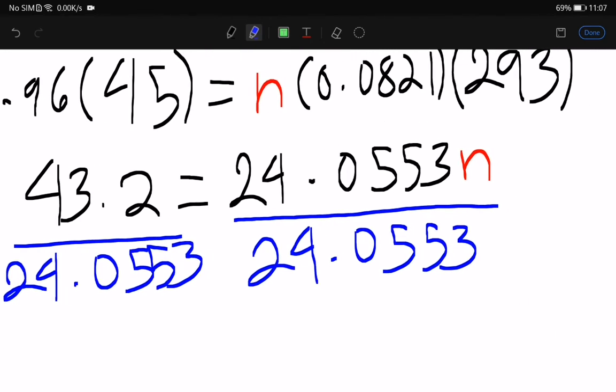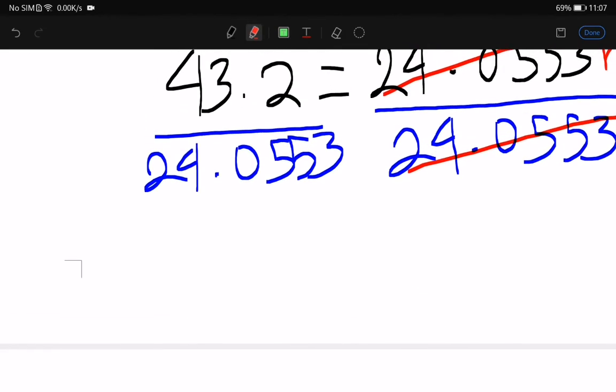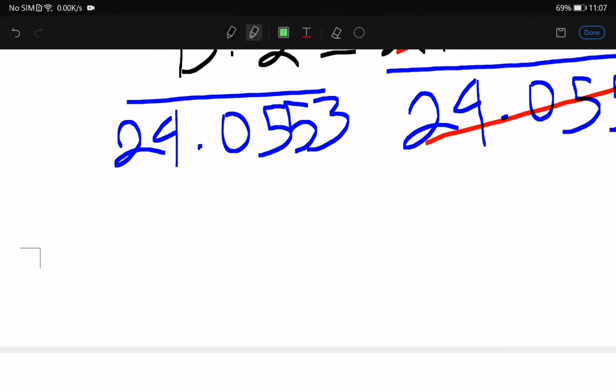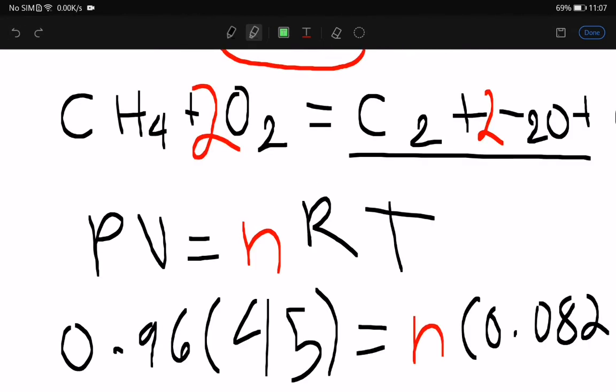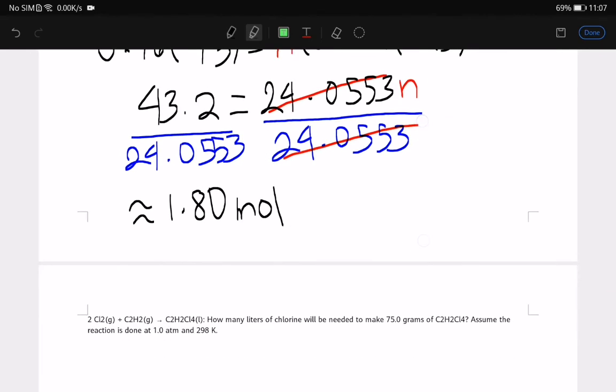And then you can just cancel that. So 43.2 divided by 24.0553 is, let's make an approximation, approximately 1.80 moles of methane.